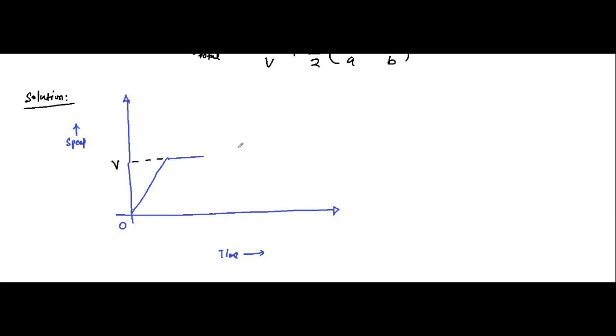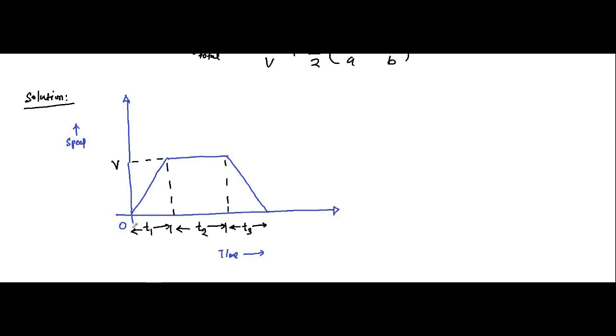Okay, this is the constant phase for a particular interval, and then it finally decreases to 0. Okay, so let us divide this into a number of phases. This is the initial phase, t1, the acceleration phase. Then this is the second phase, the constant velocity phase, t2. And then this is the deceleration phase, retardation phase, t3.